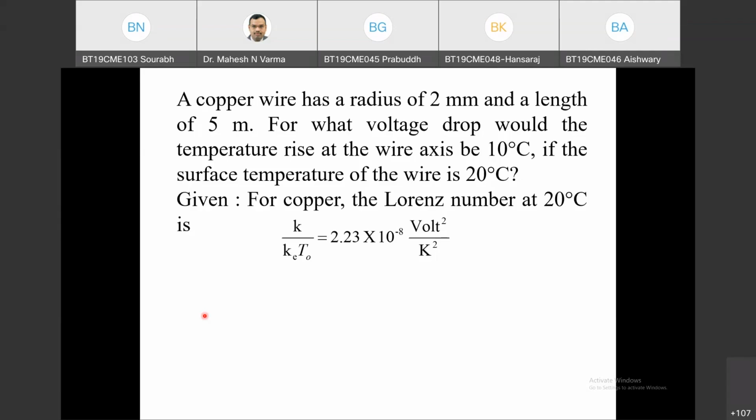Roll number 48, Hansraj. He left the class. Roll number 49, Harshvardhan. Yes, sir. Oh, Hansraj is gone.